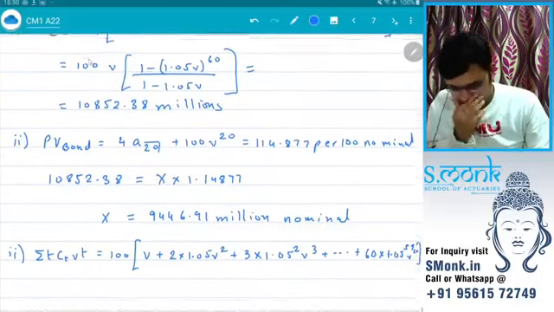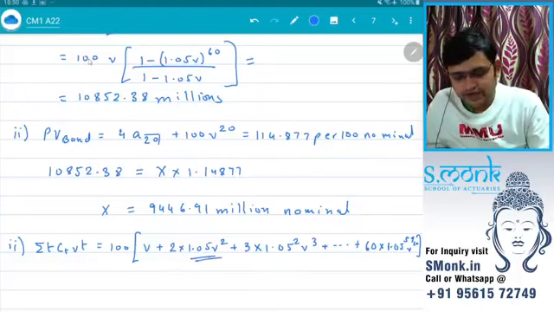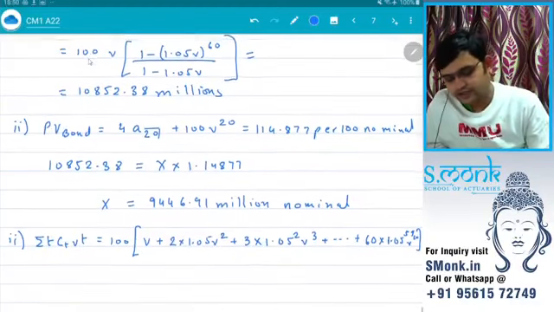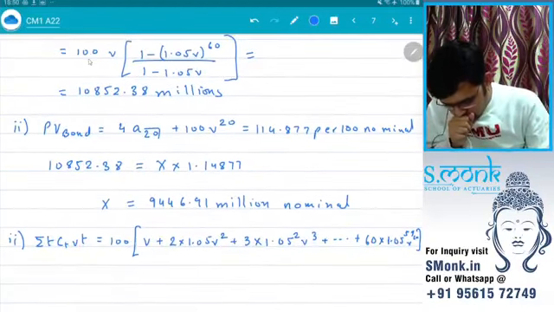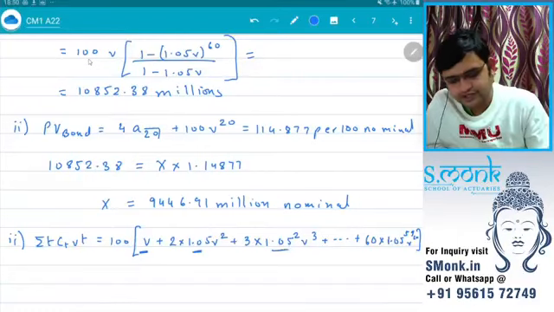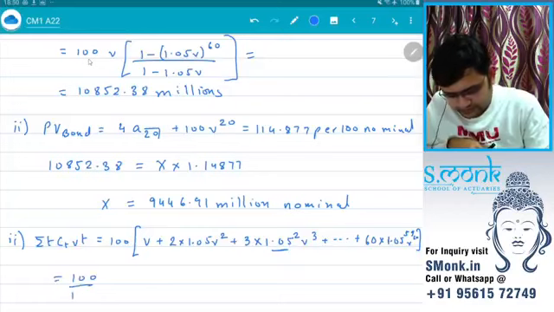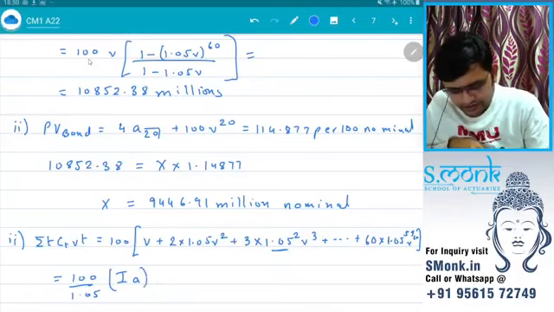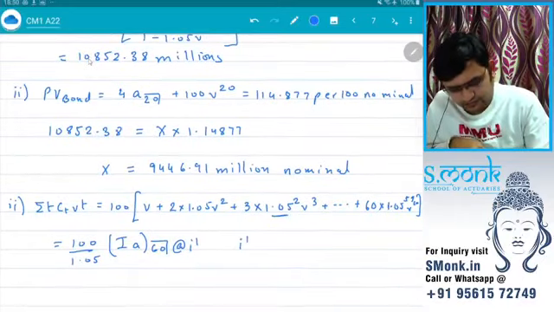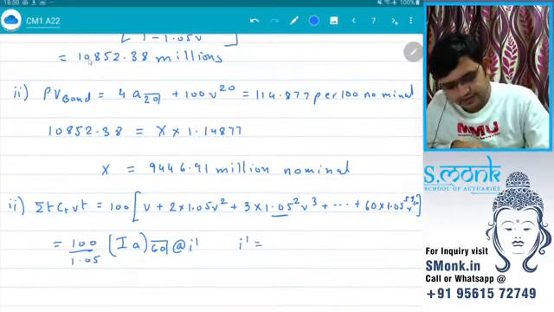If you write it in terms of i dash, this will directly become an increasing annuity. But one of the 1.05 is missing in each one of them. So I'll multiply and divide, and this will become an increasing annuity in arrears for 60 years at the rate of i dash. What would be our i dash? I think 3% was the rate of interest.